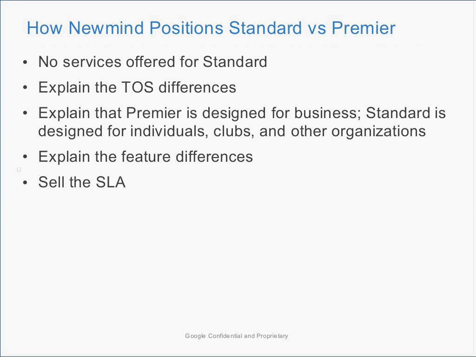Obviously, explaining the feature differences, which Mosen covered very well, is key in that process. And then also talking about the SLA. You really want to bet your business. Email is key for almost every business out there.